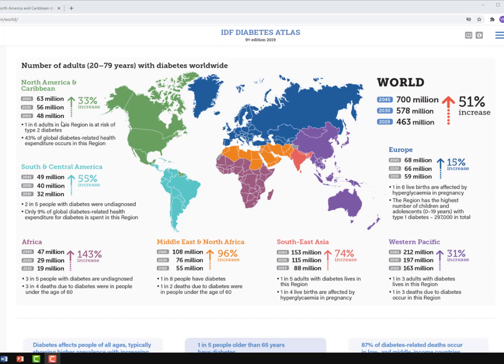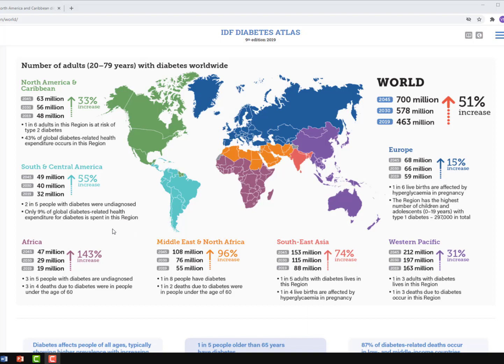And this is a predicted amount of increase to 2030 and 2045, which will increase about 33%. That means 1 in 6 adults in North America is at high risk for developing type 2 diabetes.